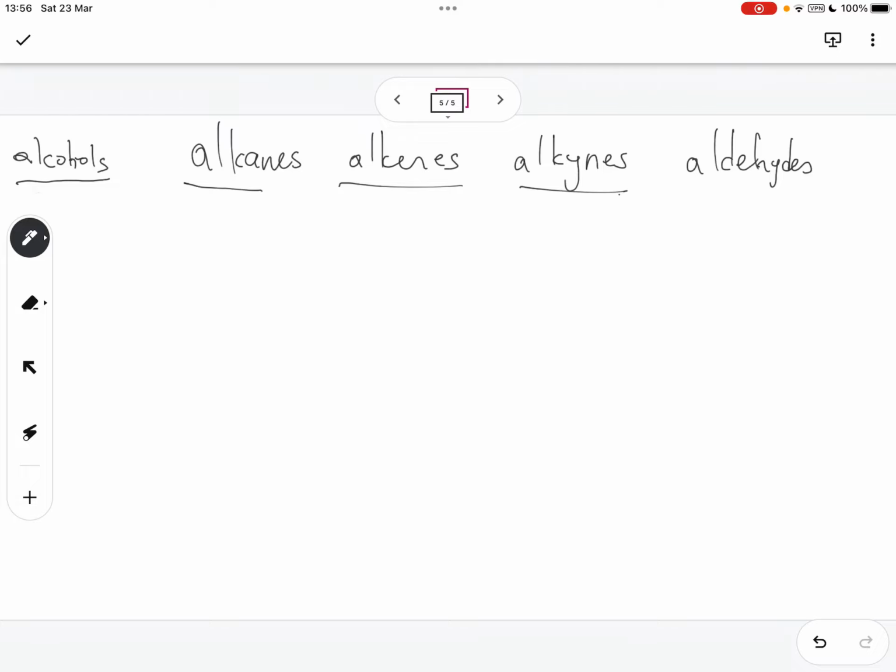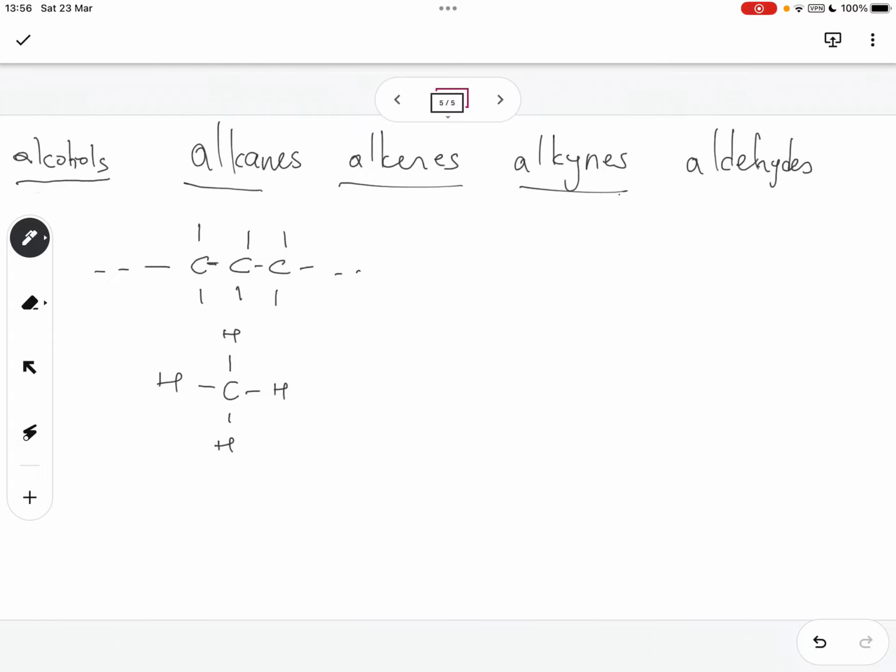So, alkanes, if you have a chain like this, the carbons are single bonded to either 3 or 4 hydrogens. If it's just one monomer like this, then it's carbon tied to 4 hydrogens.